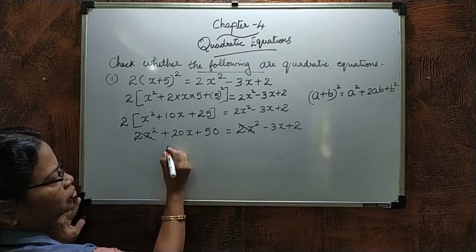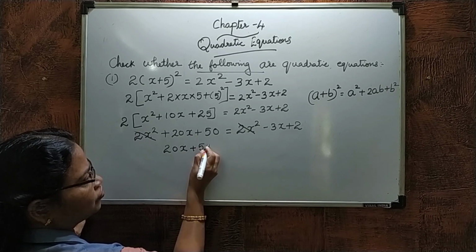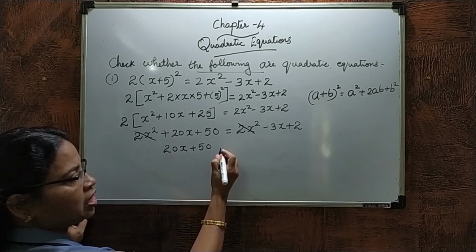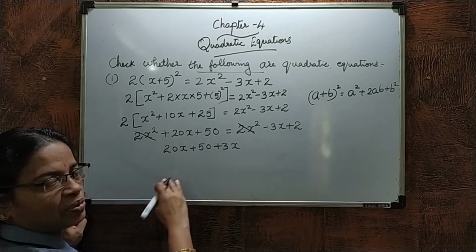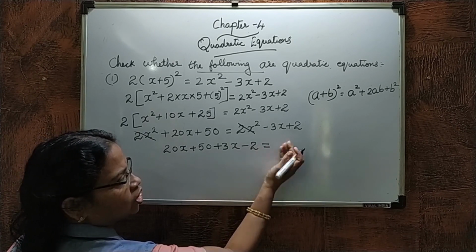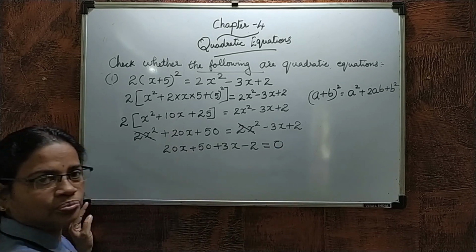Okay, balance now. It is 20x plus 50, then minus 3x comes to here, it will be plus 3x, then plus 2 comes to here, it will be minus 2, and what is the balance? Equal to, everything comes to this side, so it will be 0.